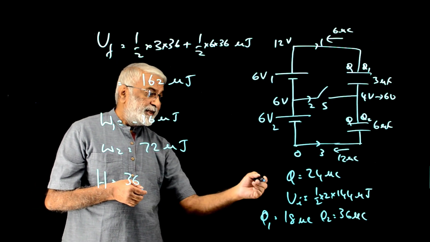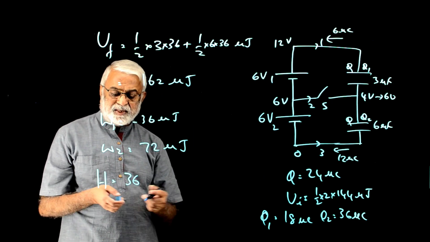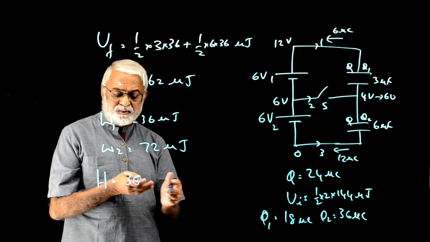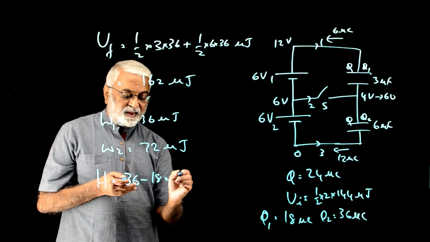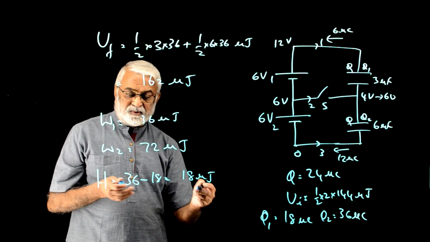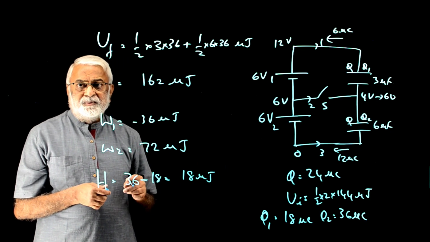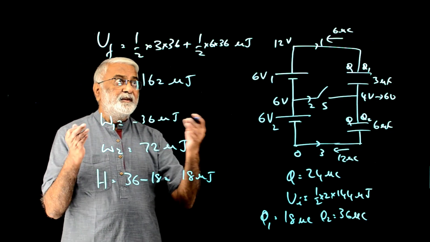There is an increase of 18 microjoule. So you can find the heat evolved as work done minus change in potential energy, which is 18 microjoule. So 18 microjoule of heat is evolved in the circuit. Not too much of work, but this is what it is.